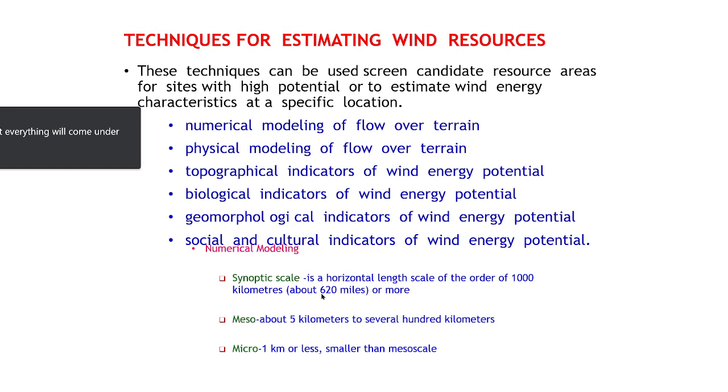Synoptic scale is a kind of meteorological model which will run into thousands of kilometers, about 620 miles. It is like how the meteorologists predict. There is an upper area movement 400 kilometers away. There is a storm. There is a cyclic vortex rotation. There is an upper air circulation.